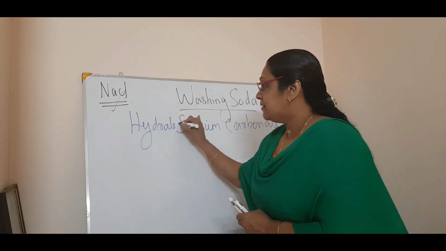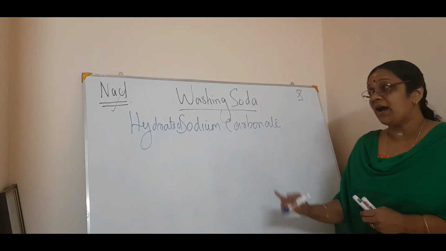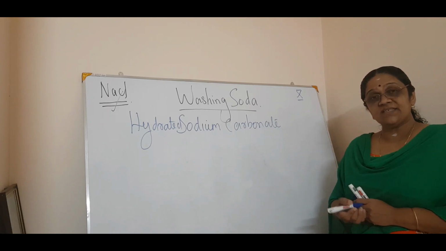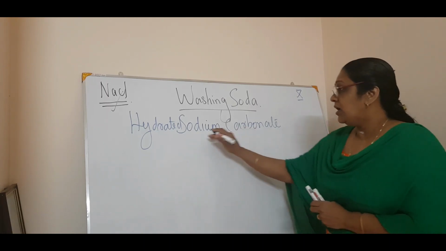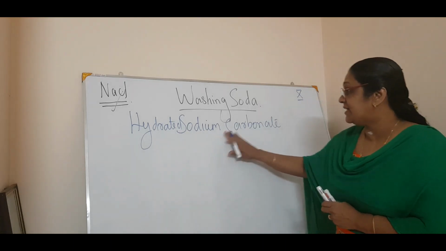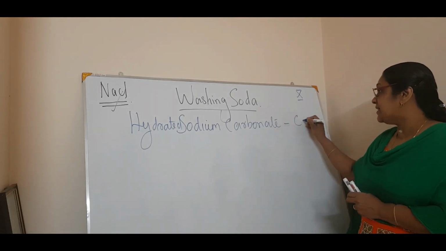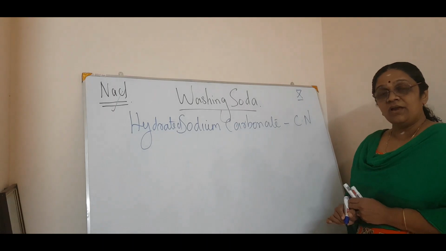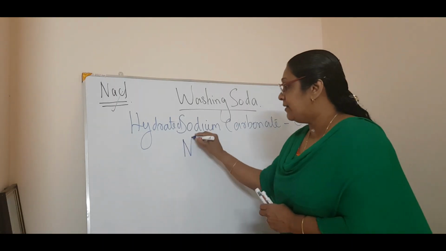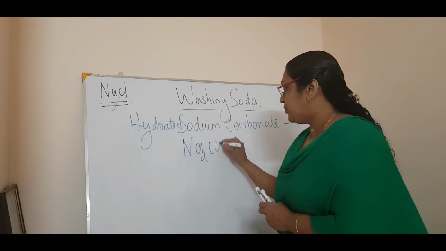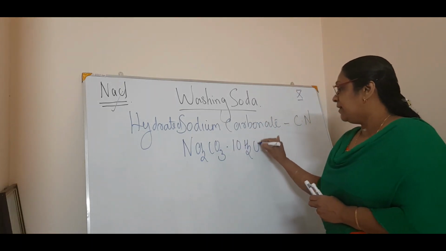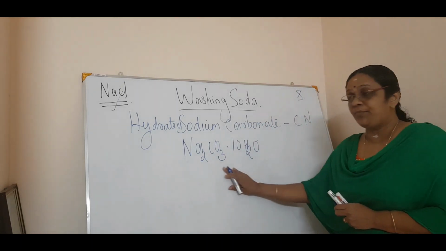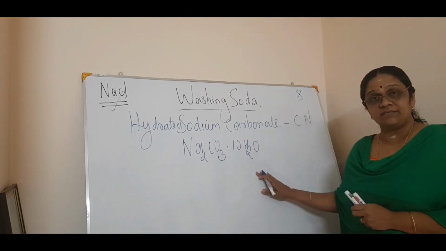Listen, this is a new name. What is hydrated? Hydrated means there are water molecules in it. So it is called hydrated sodium carbonate. That is the chemical name. Now what is the chemical formula then? Formula is Na2CO3.10H2O. See, a new type of compound is here.